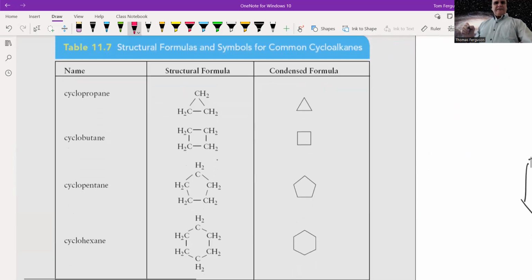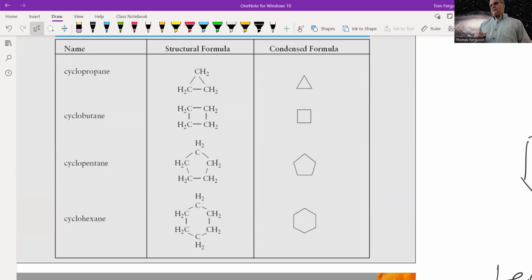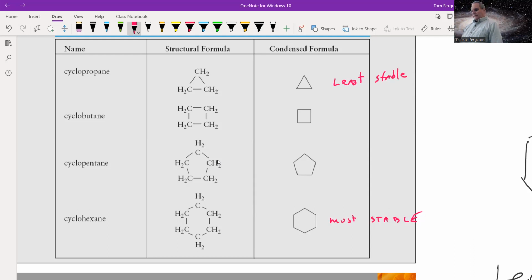Okay, now I did mention we can have cyclic versions of all this as well. The most stable of the cyclic carbon compounds, including oxygen or nitrogen in it, are 6-sided, the hexa 6-sided circle.